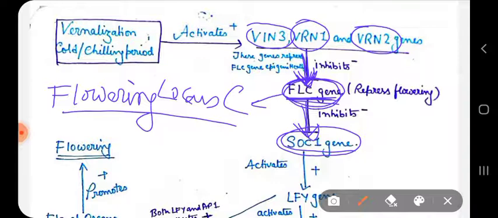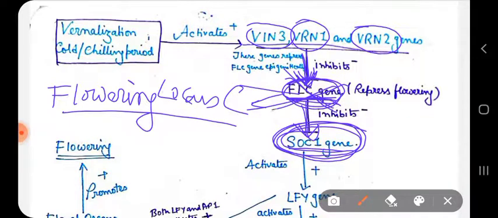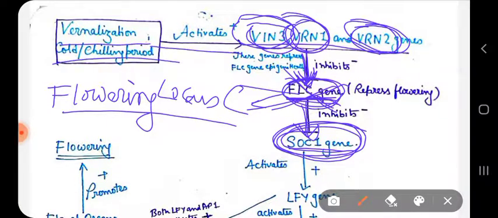But when VIN3, VRN1, and VRN2 inhibit FLC gene expression, the FLC gene, which was repressing flowering by inactivating the SOC1 gene, is inactivated. So the SOC1 gene automatically gets activated because the FLC gene is repressed by these three genes, which are activated due to the cold chilling condition.